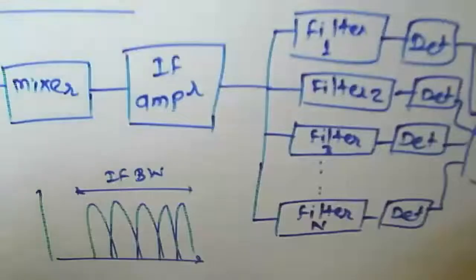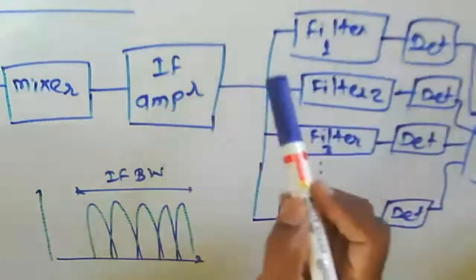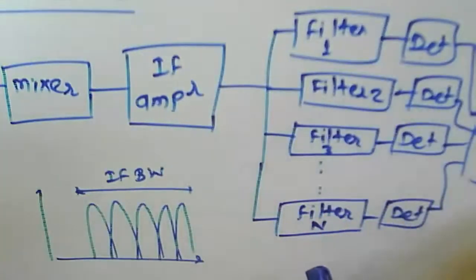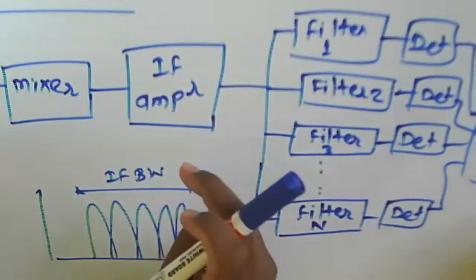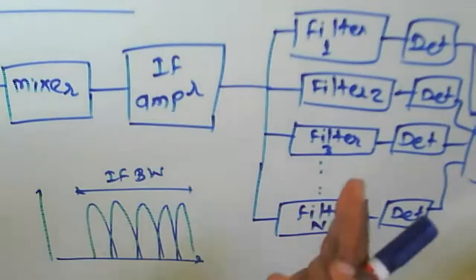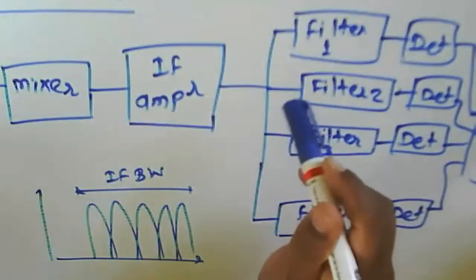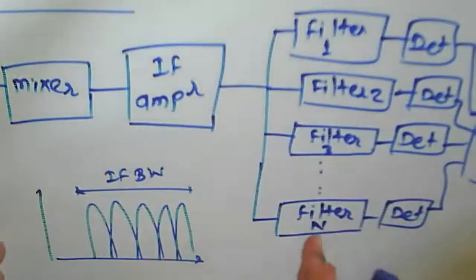So we can say there will be an increase in the probability of false alarm because we are using a large number of filter bands. We are using narrow band filters, and those filters are used to detect the signal.